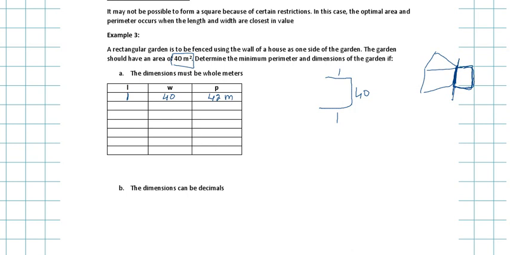What if my length is 2? What would my width be? 20, because 2 times 20 gives me 40. So I would have 2, 20, 2. What's my perimeter? 24. Can I divide 40 by 3?